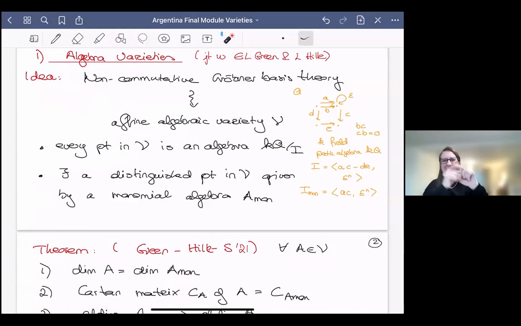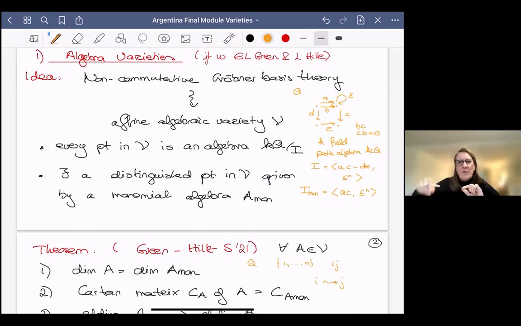Okay, that's a big thing, maybe if you're not familiar with this, or in other words, if the vertices of our quiver Q are given by 1 through n, then the ij-th entry of the Cartan matrix is given by the number of paths from the vertex i to the vertex j in the algebra KQ over I. Okay, so somehow it records the paths in the algebra.